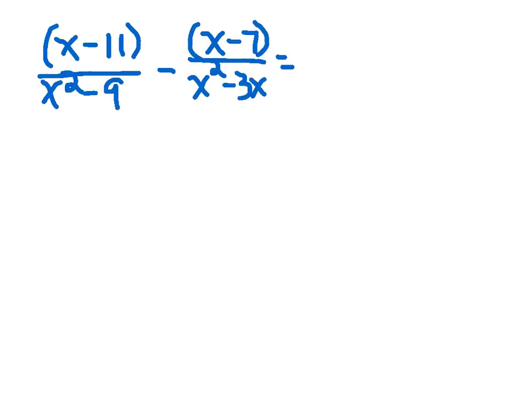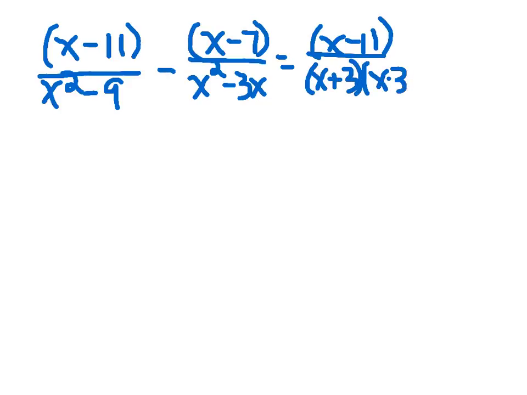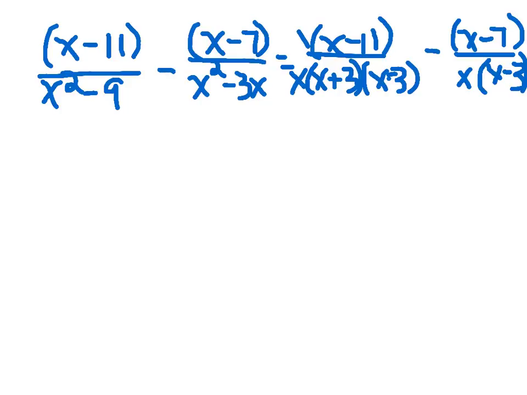In the interest of space, I'm going to factor the denominators, hopefully quite small. x plus 3, x minus 3, and this one is x times x minus 3. You can see at this point that this is missing an x, and this is missing an x plus 3, which we don't have a lot of room for. And I'm going to put it here.